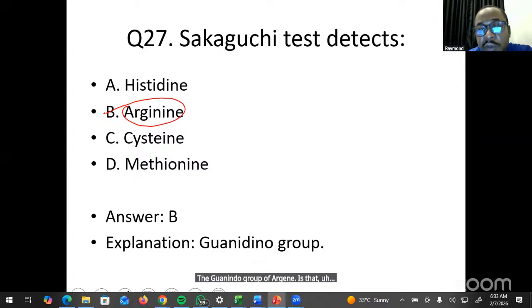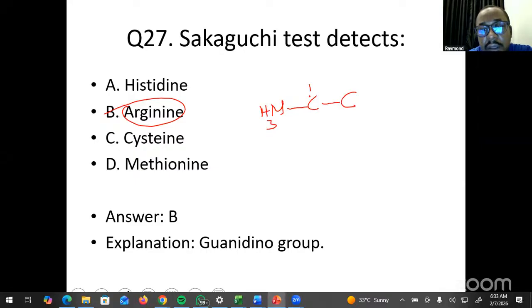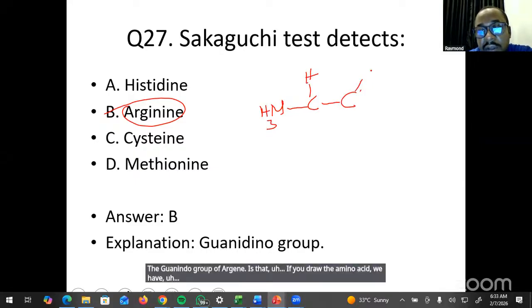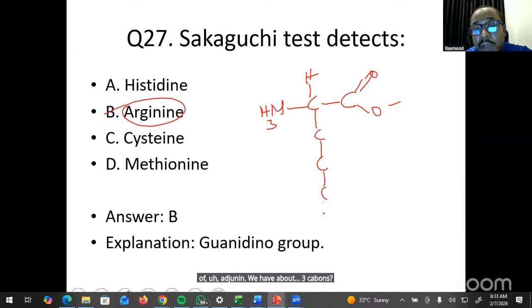If you draw arginine, we have about 3 carbons, then attached to a nitrogen.